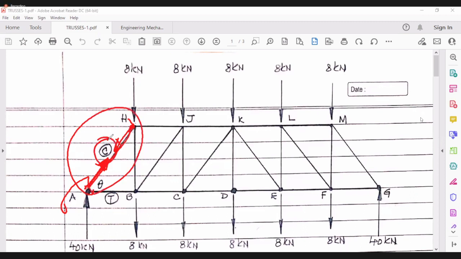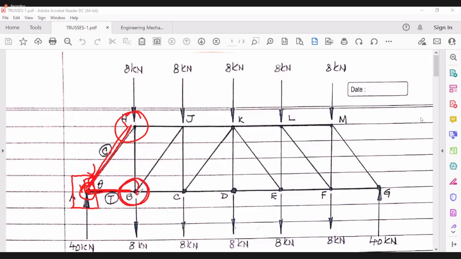That's why we write C over here. Okay. At this point, we were knowing only one force. Now, with the equilibrium, we found out the forces in both AH and AB. Now is the time to go to node H or node B.